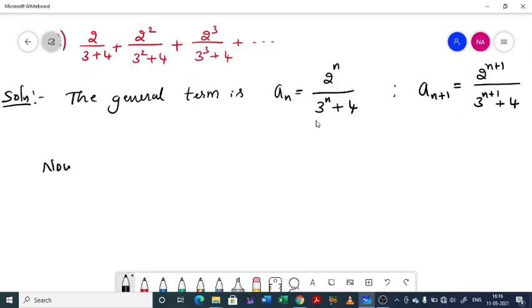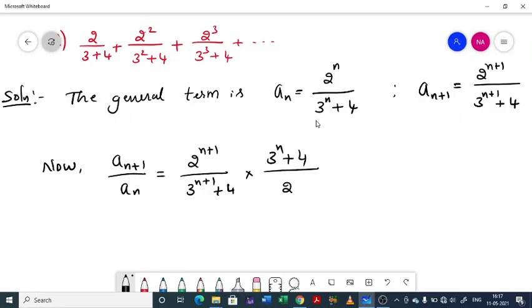Now a n plus 1 divided by a n equal to 2 power n plus 1 divided by 3 power n plus 1 plus 4, into 3 power n plus 4 divided by 2 power n. Now here the terms are very much crucial, but we can make it easy.